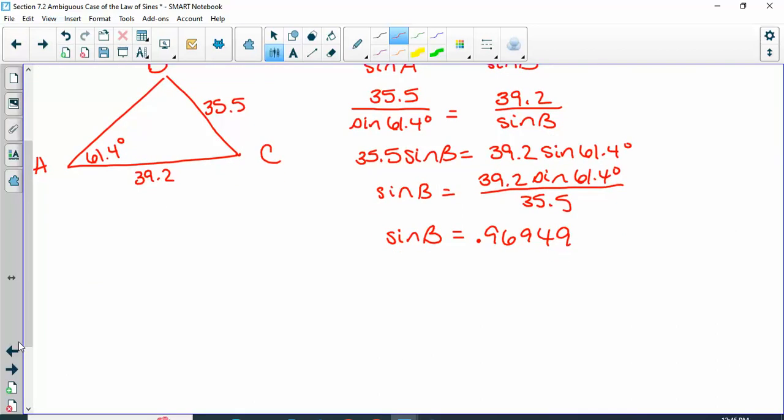So this one, are we going to get an answer? Yes, this is possible. When we do this, sine is equal to a positive. And in what quadrants is sine positive? 1 and 2. This is how you can get 2 possible triangles.